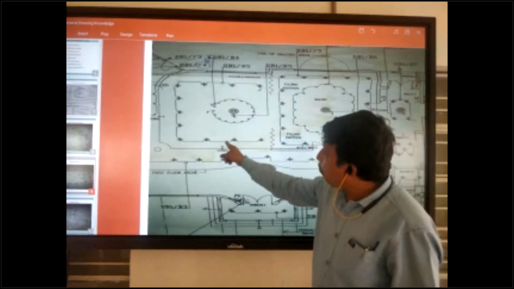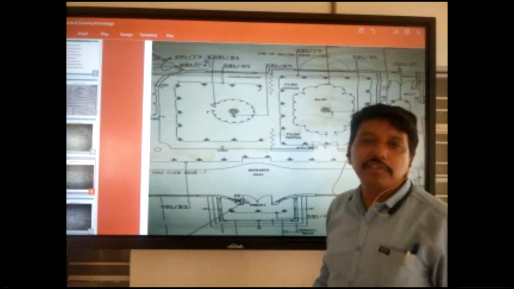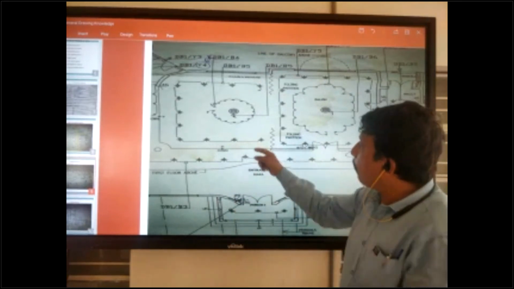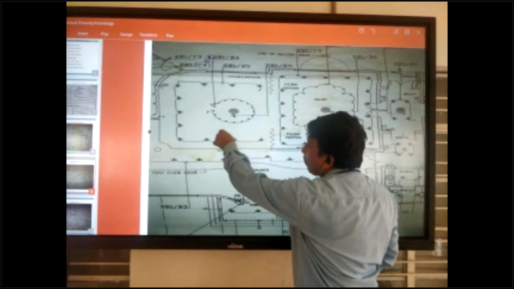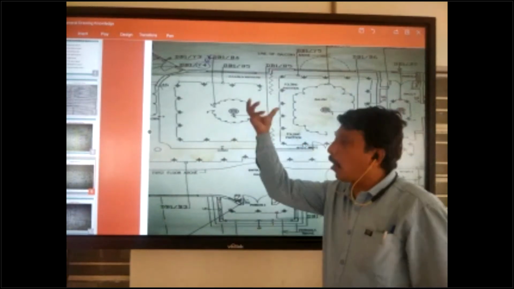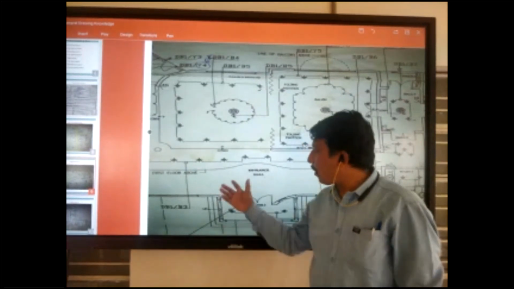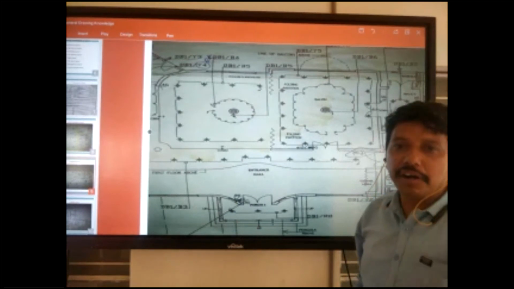For light locations, the measurement is always given center to center in the drawing. If it is not mentioned, you can measure from the center of one light to the center of the other light, and that gives the distance. This is very easy. The drawing scale is maximum 1 mm equal to 100 mm.